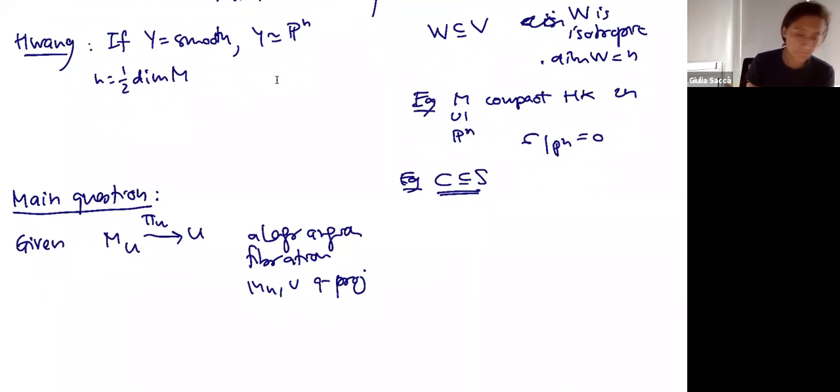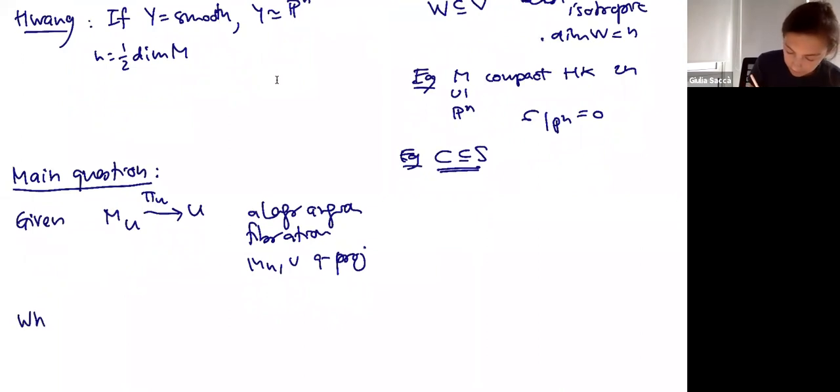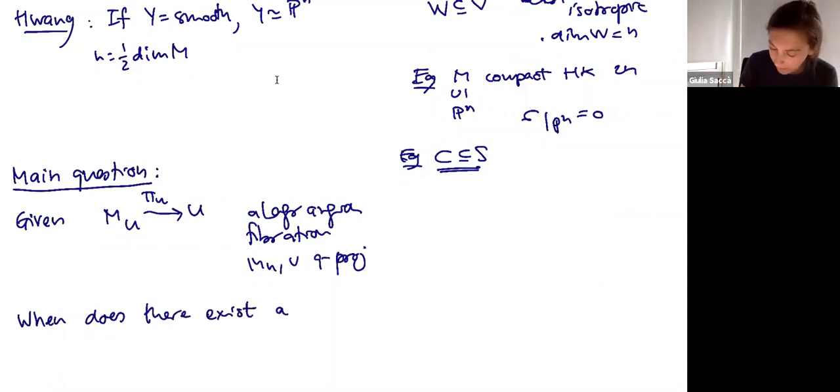Suppose that this is a Lagrangian fibration, the question is: when does there exist a hyperkähler compactification of π_U?